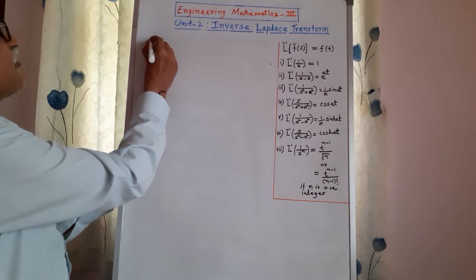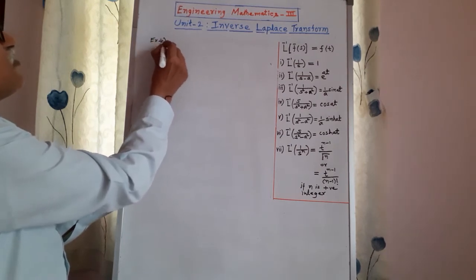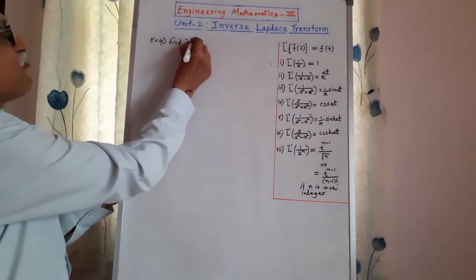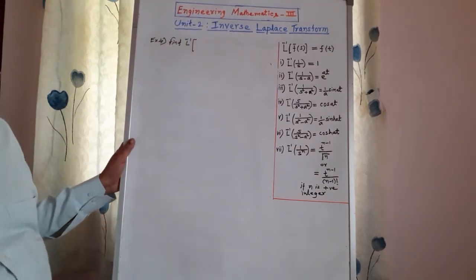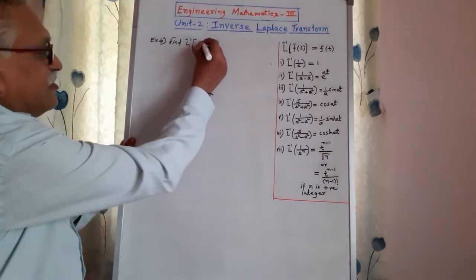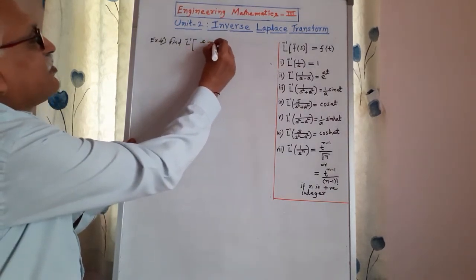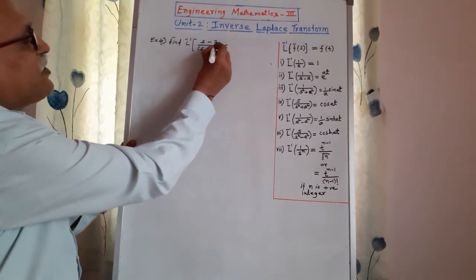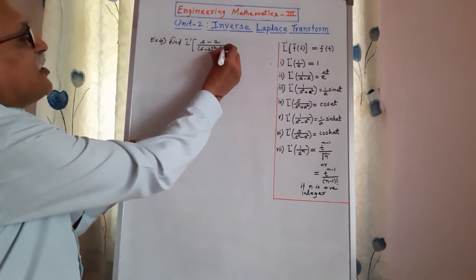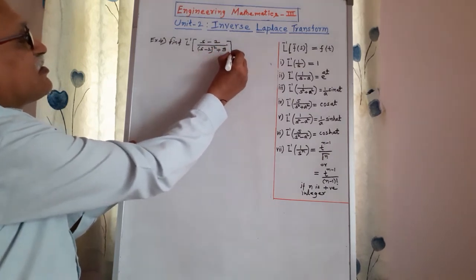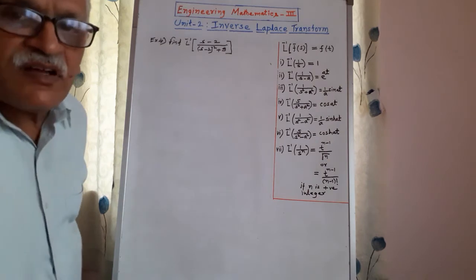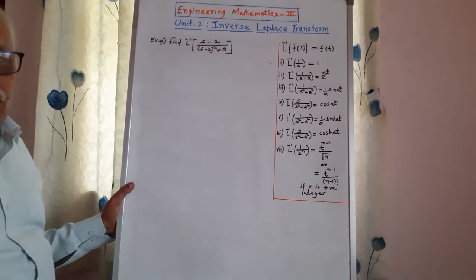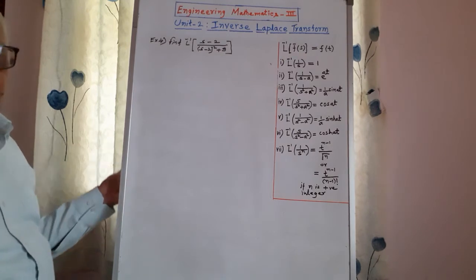Next example, example number 4. Find inverse Laplace of (s minus 2) divided by (s minus 2) bracket square plus 9. In both numerator and denominator, s is replaced by s minus 2, which means it is a problem of the shifting theorem.